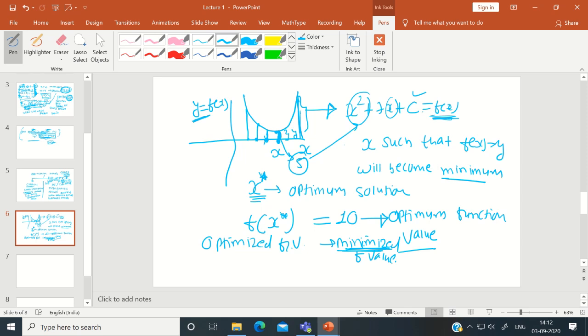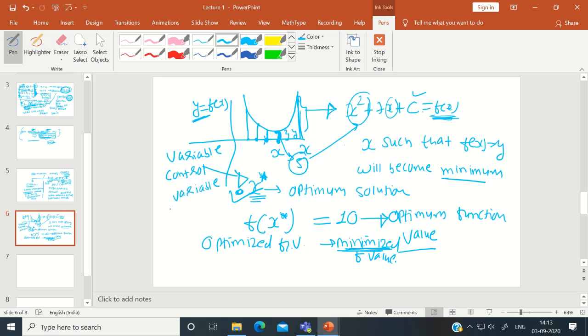So yes, this is the very basic of optimization. What we do in optimization, we do nothing but find the value of the variable x such that it will minimize the objective function, right? And yes, as per the rule, this variable x has a number of synonyms. This x is called the variable. This x is also called the control variable.